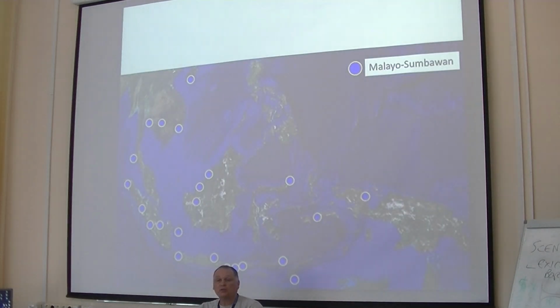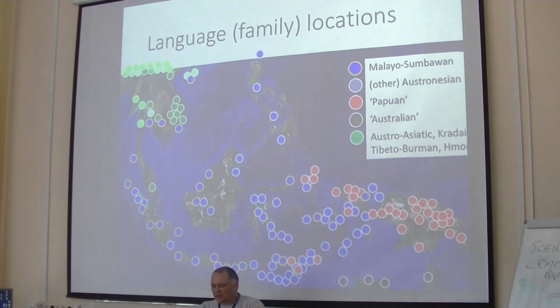So these are the languages we looked at first, the 23 Malayo-Sumbawan languages. Then we added in more: the lighter blue is more Austronesian, red is Papuan, green the various mainland Asian families, and there's a couple of Australians as well.